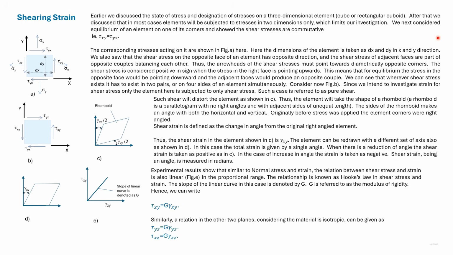So we can write tau xy is equal to G gamma xy. Considering the other planes, we can write tau yz is equal to G gamma yz and tau xz is equal to G gamma xz.